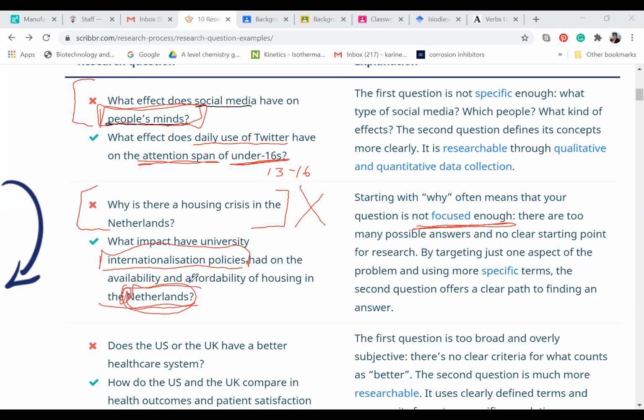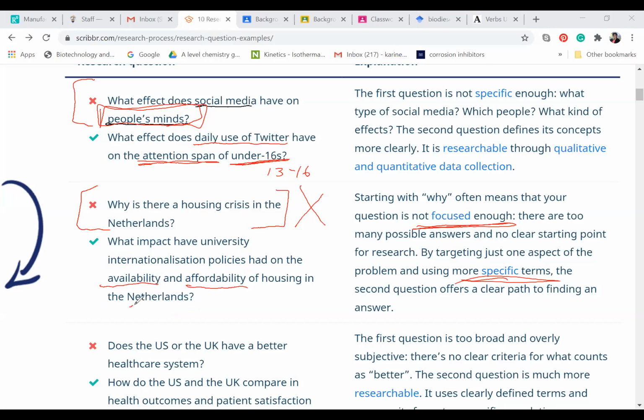So to make your research problem clear, focused, you have to use specific terms. So it's not why is there a housing crisis, it is availability and affordability. Maybe houses are available, but they are not affordable. That's where the crisis comes.